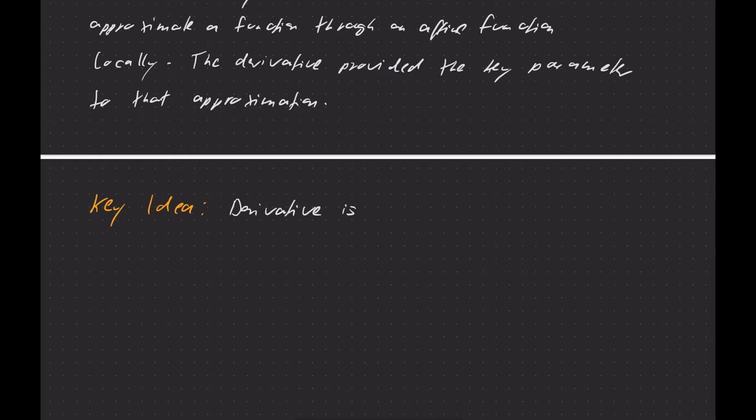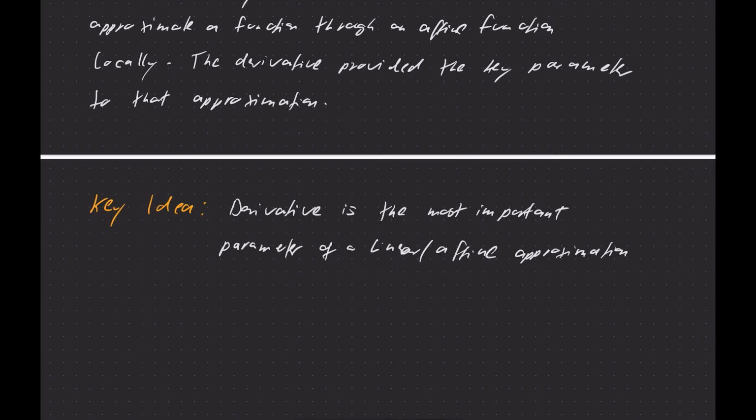The derivative is the most important parameter of a linear, or more generally, an affine approximation of a function f at a given point, and let's call that point x star.